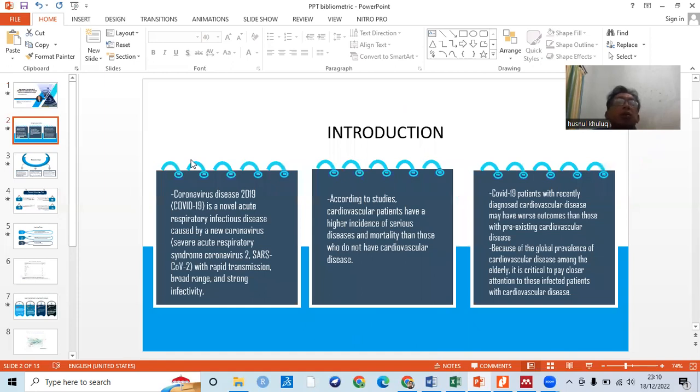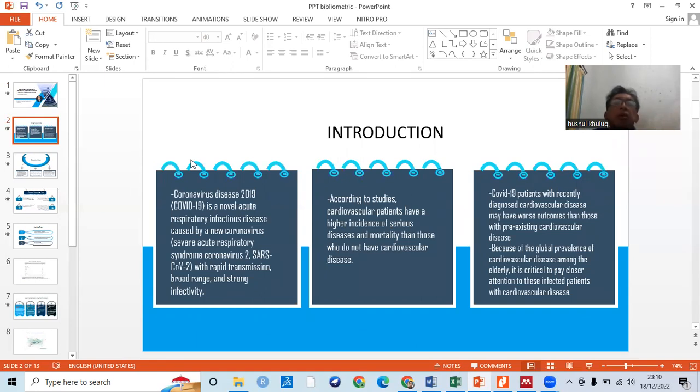Introduction. Coronavirus disease or COVID-19 is a novel acute respiratory infectious disease caused by a new coronavirus or severe acute respiratory syndrome coronavirus or SARS-CoV-2 with a rapid transmission, broad trend, and strong infectivity.